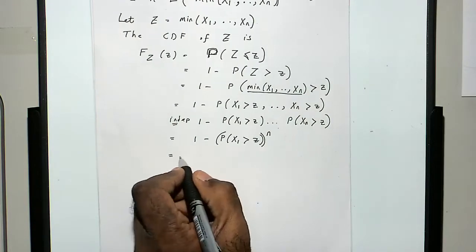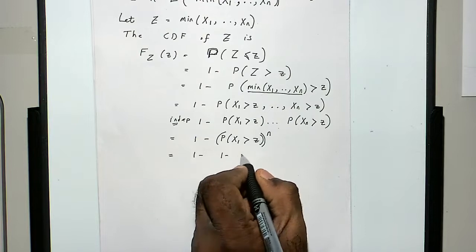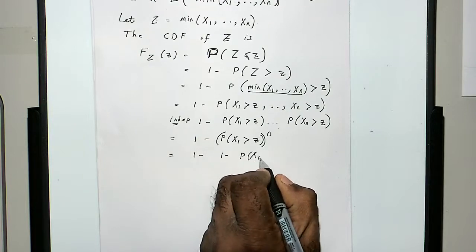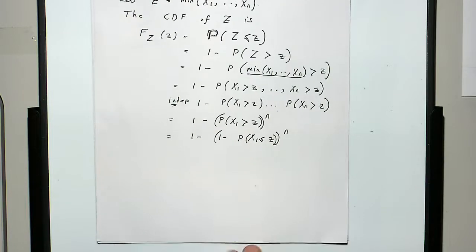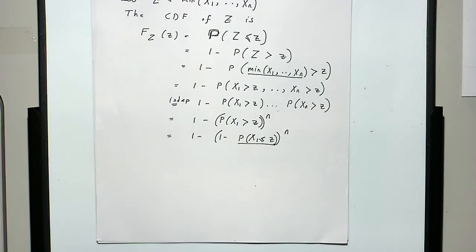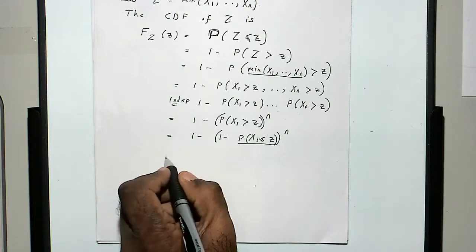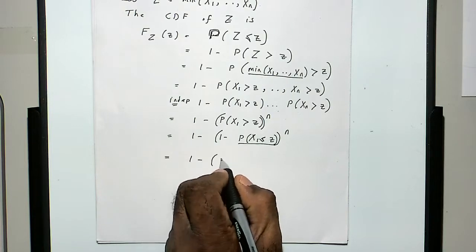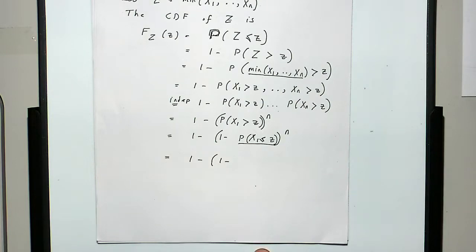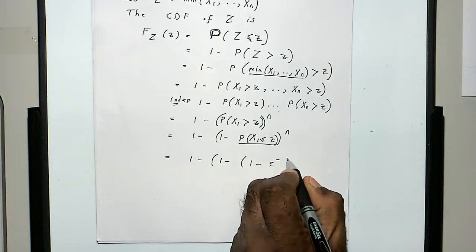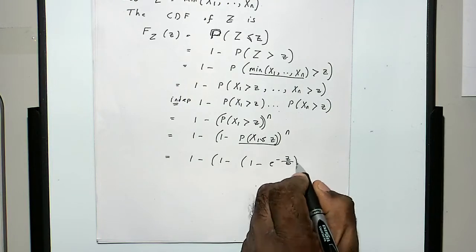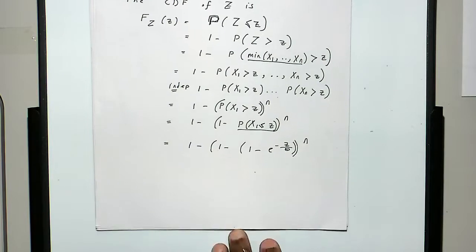What you have here is the CDF of x1. We know that for the exponential distribution with parameter 1 over theta, the CDF, you should look it up, is as follows.